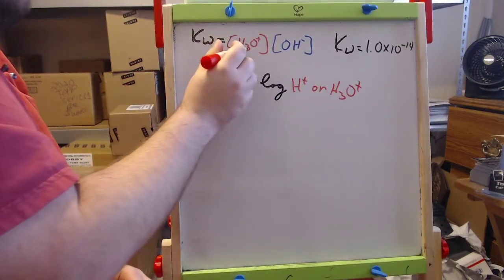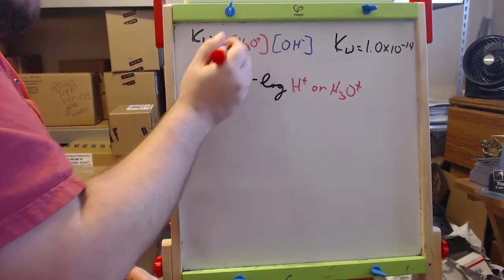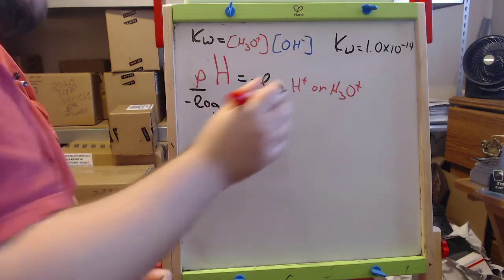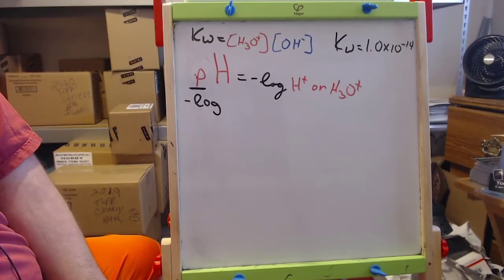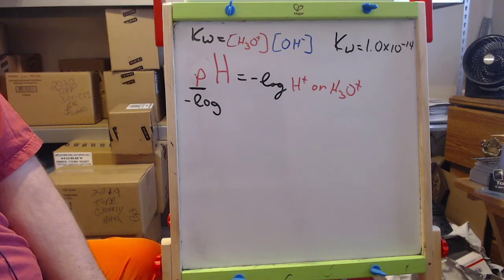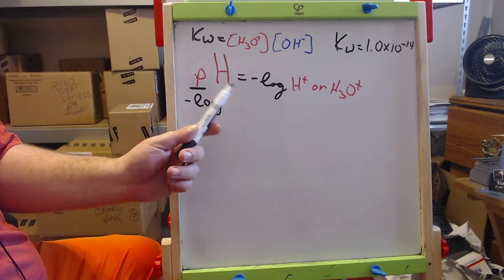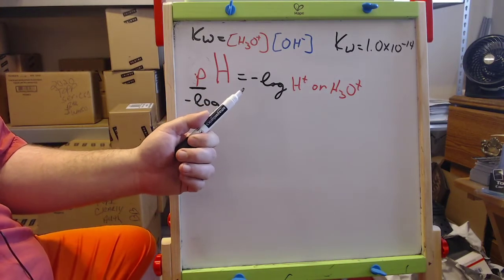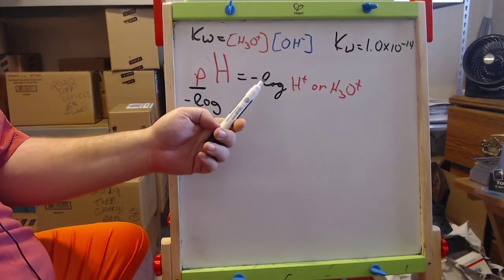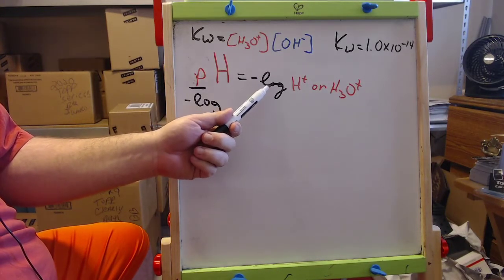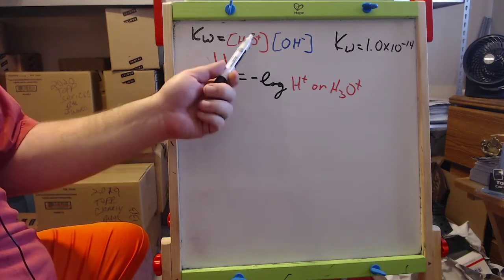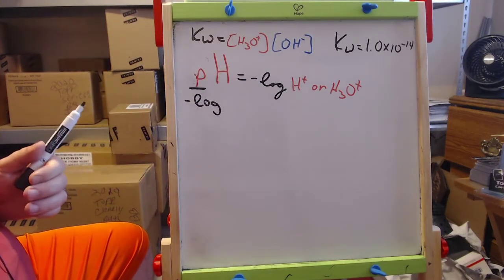So if I'm given a concentration of H3O plus, if I take the negative log of that value, of whatever that value is, I will have the pH.